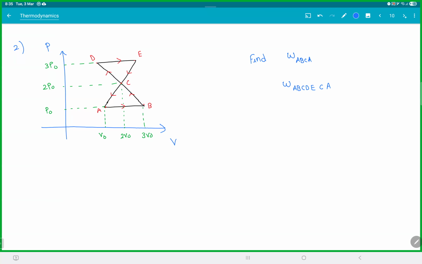Easy question. You have to just find the work done. It's a cyclic process, so it's the area enclosed by the curve.